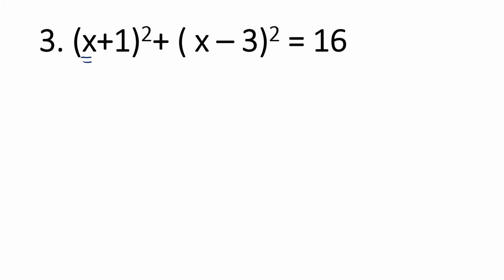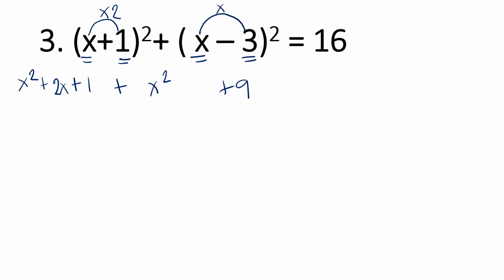X times x, that is x squared. 1 times 1, that is positive 1. 1 times x, that is x, times 2, that will be positive 2x, plus x times x, that is also x squared. 3 times 3, that is positive 9. 3 times x will be 3x times 2, that is negative 6x, equals 16.